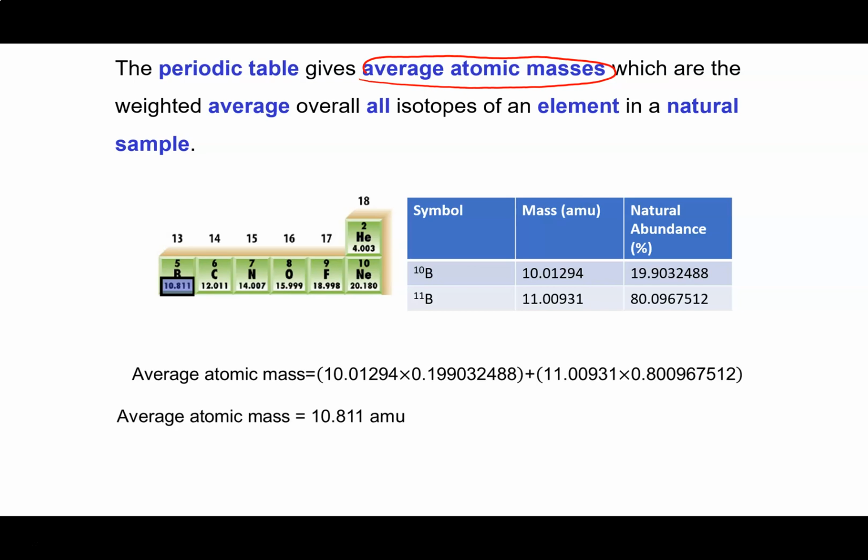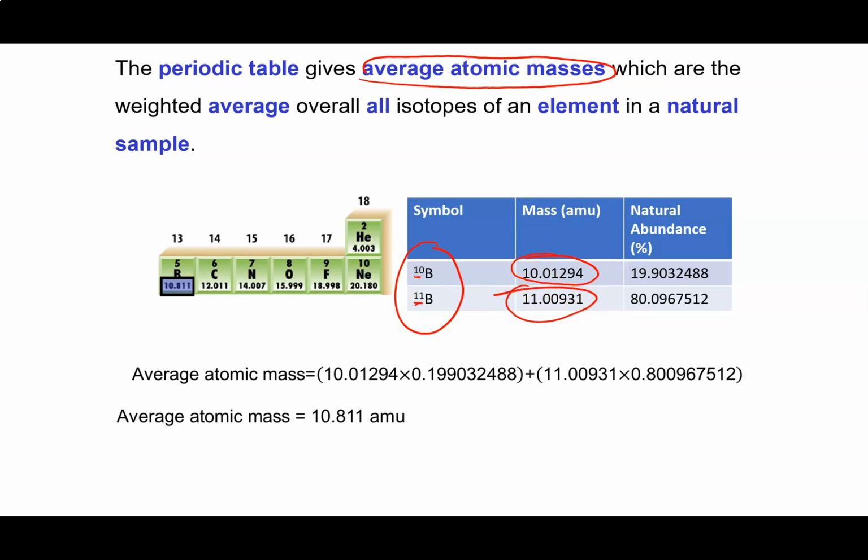So for example, in a natural sample of boron, there are found to be 2 isotopes, one that has 10 particles in the nucleus and the other that has 11. Now, the mass number is going to be near the mass of the isotope in AMU. So a boron-10 atom has a mass of about 10 AMU, and a boron-11 isotope has a mass of about 11 AMU.